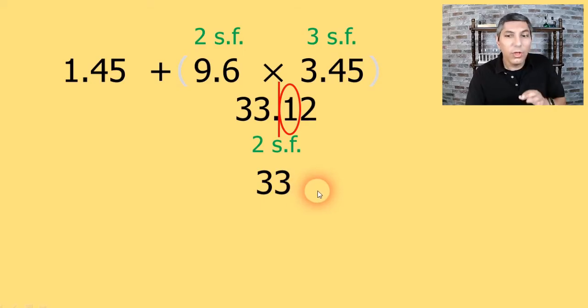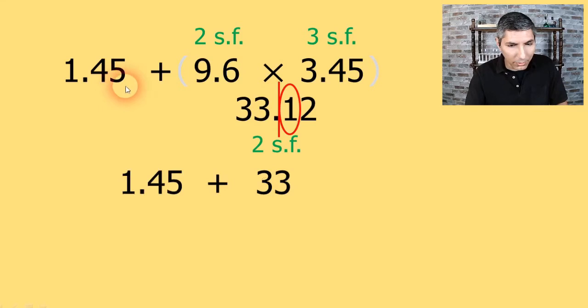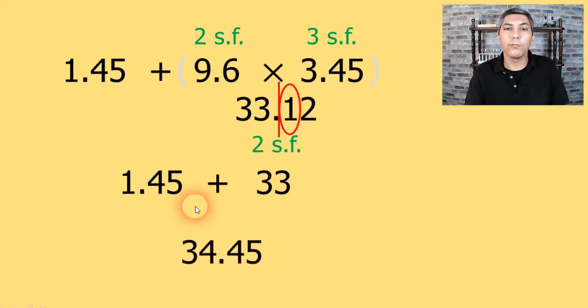Well, now we can do the other part of this problem, the addition. So I'm going to drag down the 1.45 plus part of this. And when you add 1.45 plus 33, the answer is 34.45. Now this time, since we're adding, we have to respect decimal places, don't we? So in that first number, we have 2 decimal places.